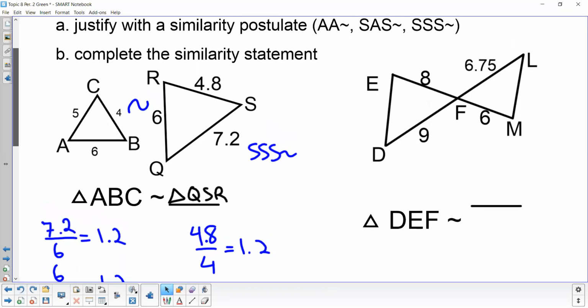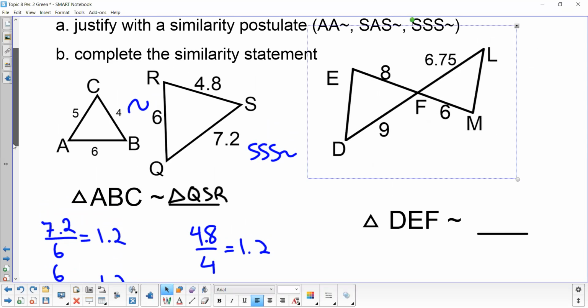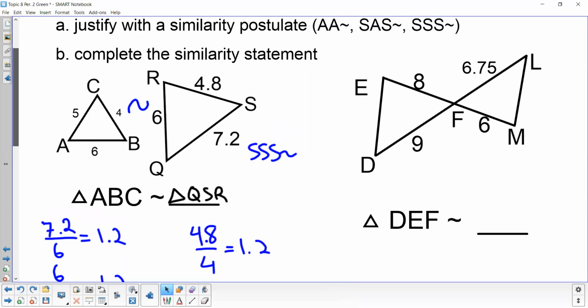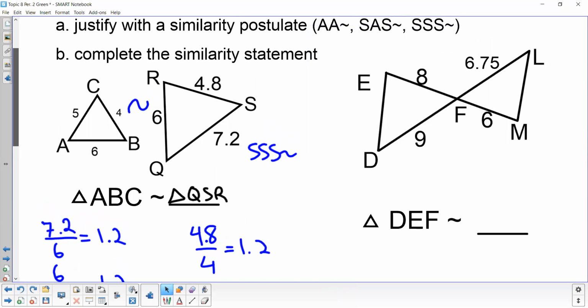So let's see with this next one. The only thing we can test is SAS, right? And I see that because we've got vertical angles in the middle here, I've got a pair of angles that are equal, the sides around them, I know, so let's see. And this is a little bit tricky. The 8 actually corresponds with 6 in the smaller triangle, and that's going to equal, I believe, 4/3 or 1.3 repeating.